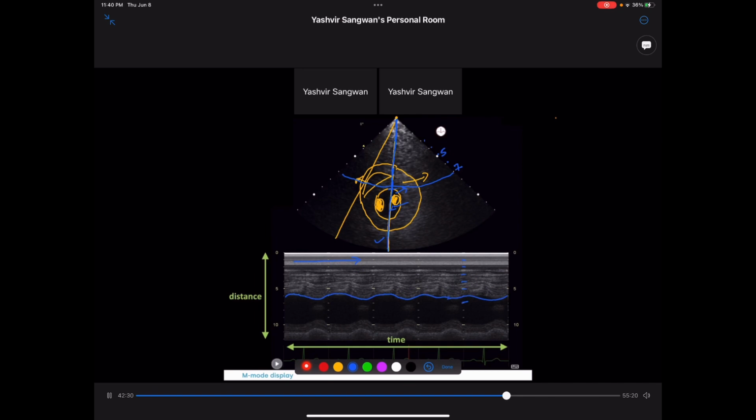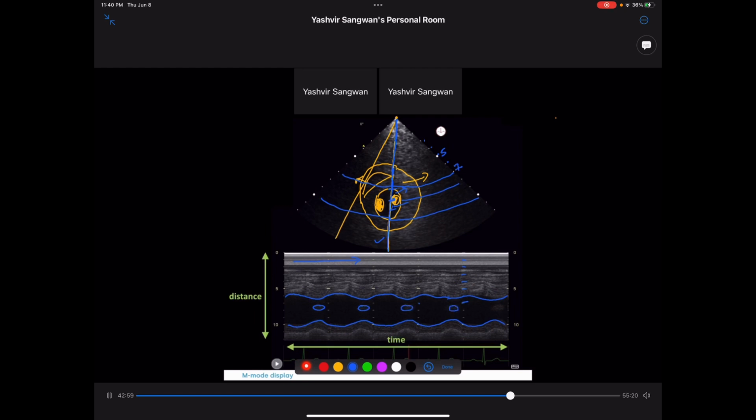The posterior wall is somewhere around 10. Okay? So 5, 6, 7, 8, 9, 10. So that has to be the posterior wall of the left ventricle. Okay? And then the papillary muscle must be coming in and out slowly. And this is at around half midway between that. So this reflection is the papillary muscle.